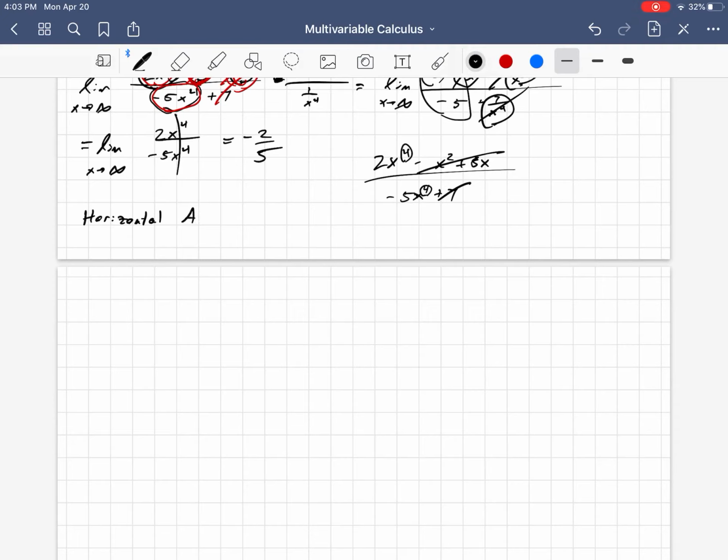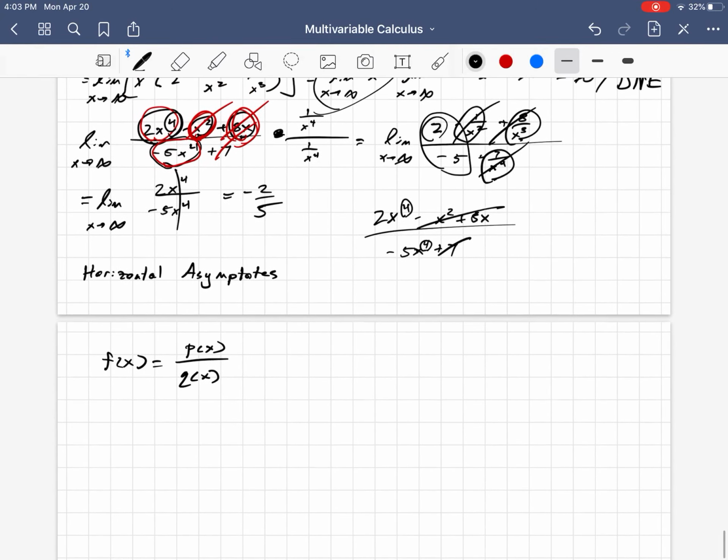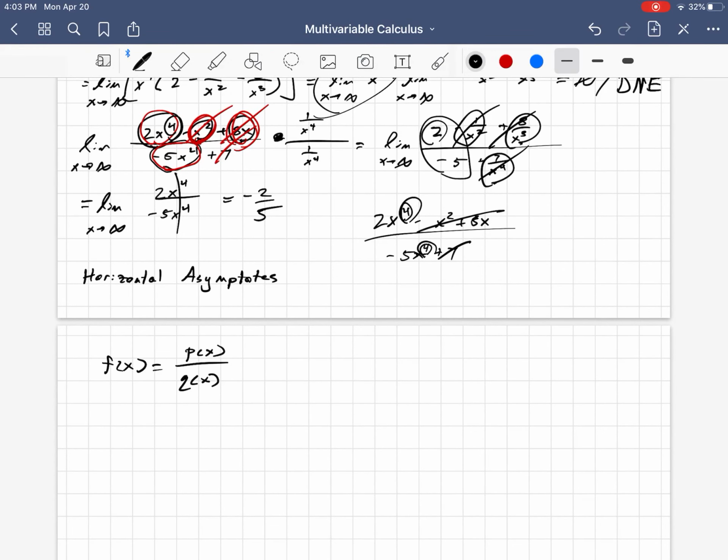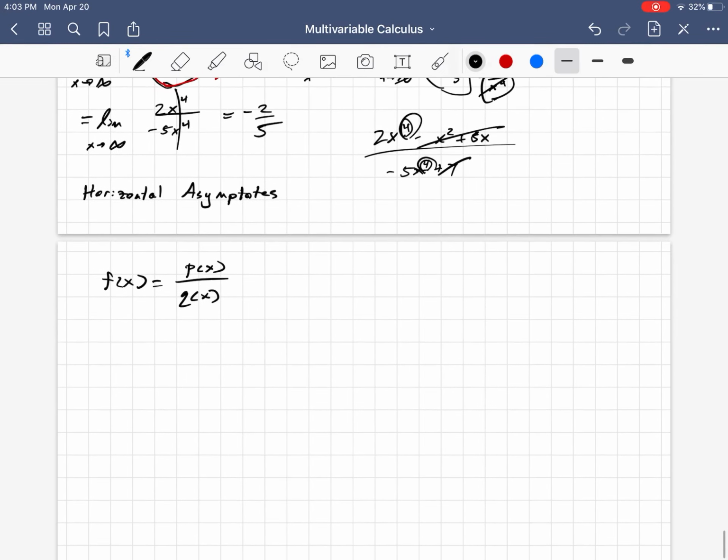And this is why in your Algebra 2 class, your Algebra 2 teacher said to you, when we're doing horizontal asymptotes with rational functions, if you've got a function f of x, and it's some function p of x over some function q of x, and if p and q are the same degree, in other words, they have the same highest exponent, in this case degree 4, just take the ratio of the leading coefficients, and that's what the function is going to approach.